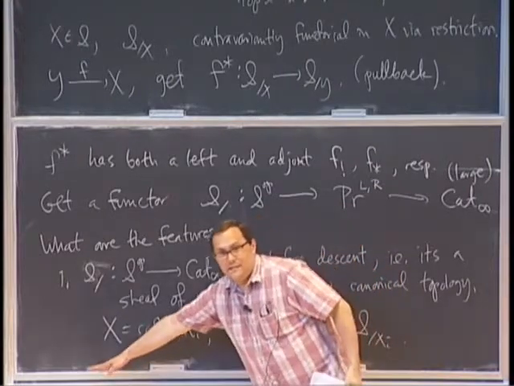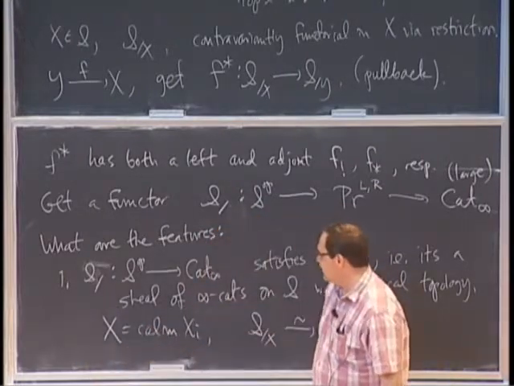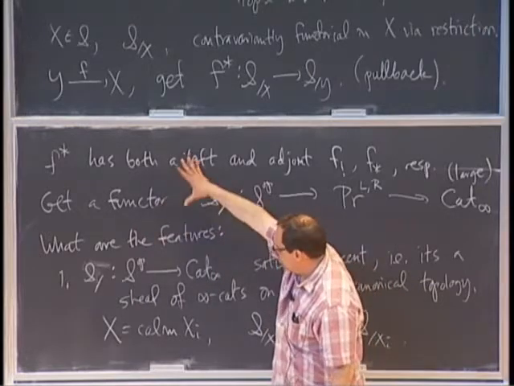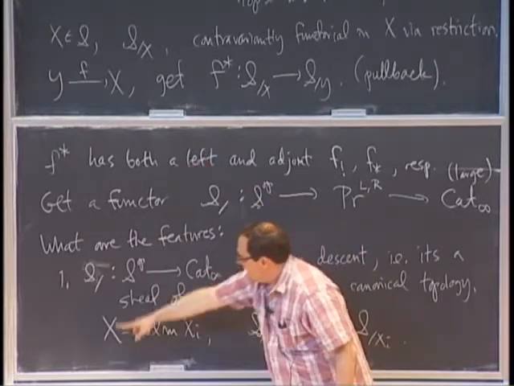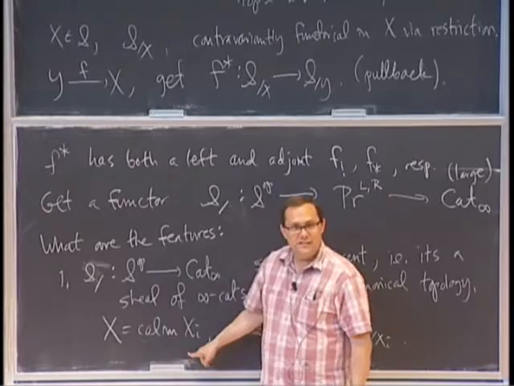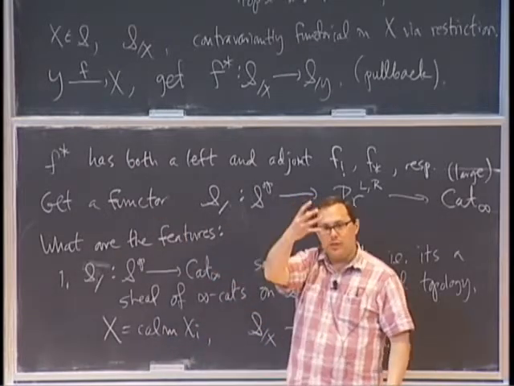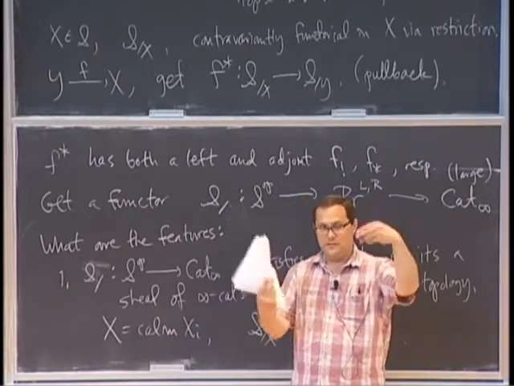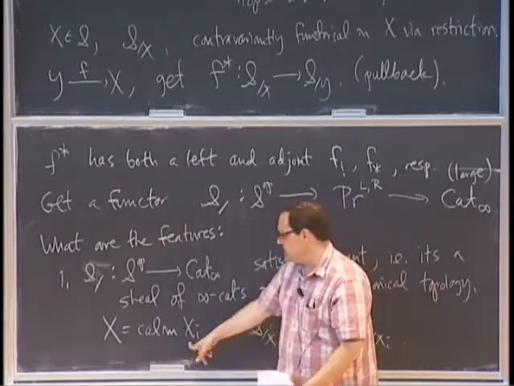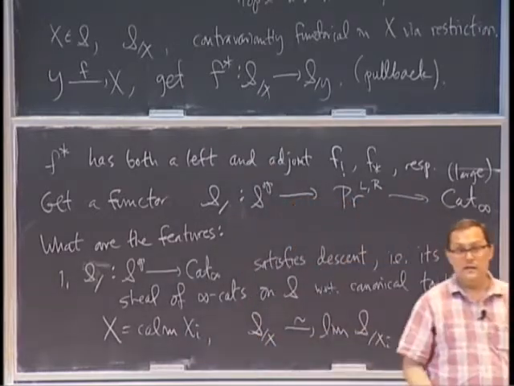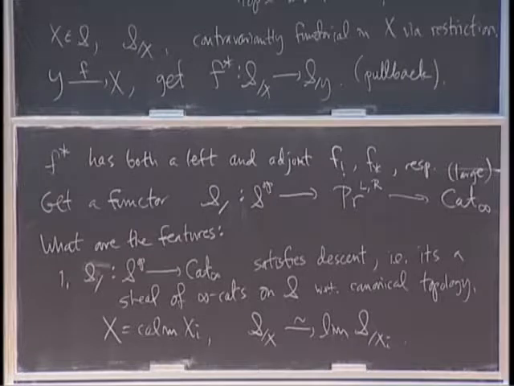So the descent axiom sort of says if I'm given a space over X and X is built up from pieces, that space decomposes into the colimit of its restrictions to each Xi. It's not formal. It's using something.